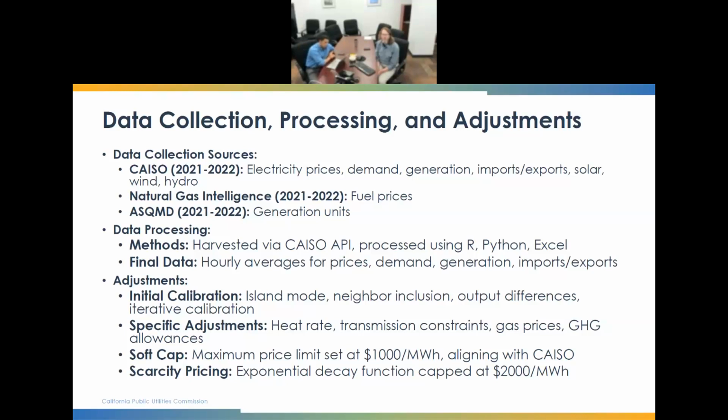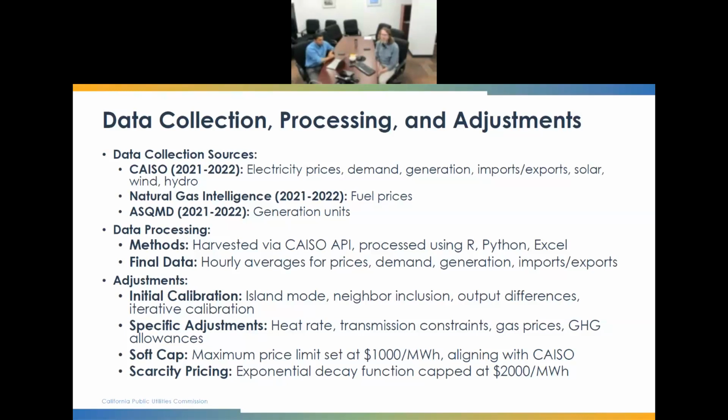Then we collected the gas data using the NGI for 2021 and 2022 again, and for the generation data we also use a data set from CAISO called the settlement data set. After data collection, we process the data using different software like R, Python, Excel, etc., and different statistical approaches to get the data in final format, then we put it in Servm.